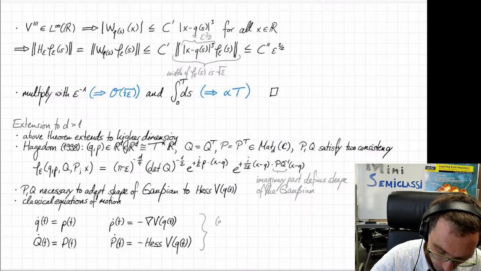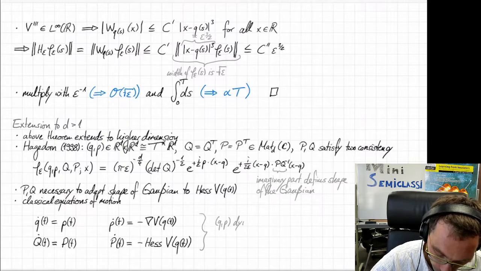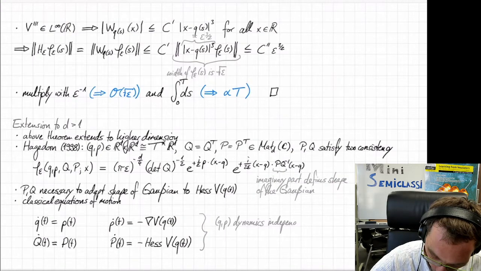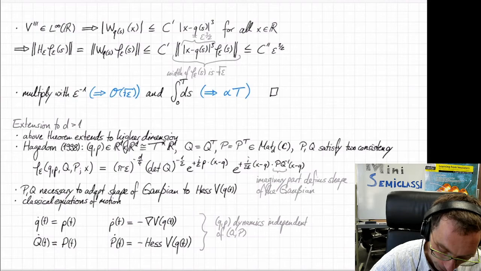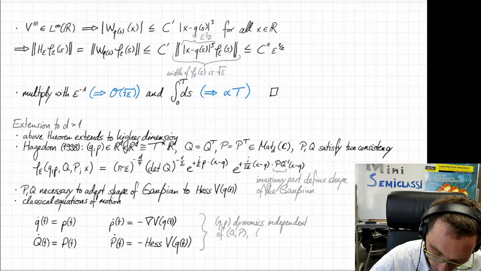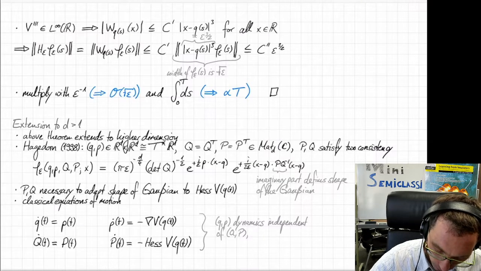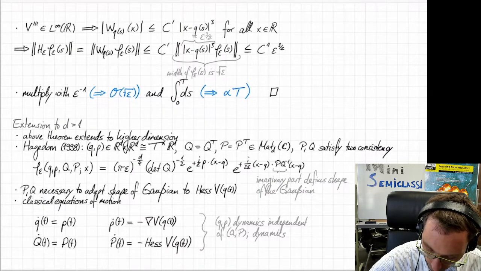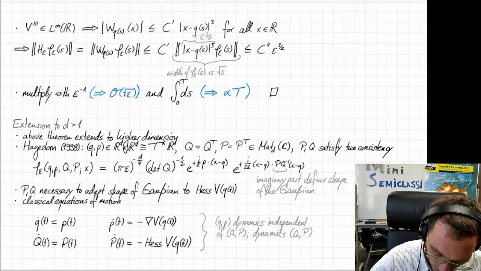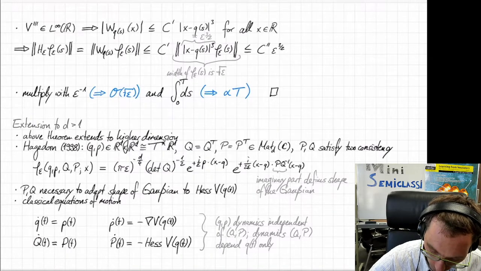So the small q and small p dynamics are independent of capital Q and capital P, so there is no back reaction, and the dynamics of capital Q and capital P depend on small q of t only.